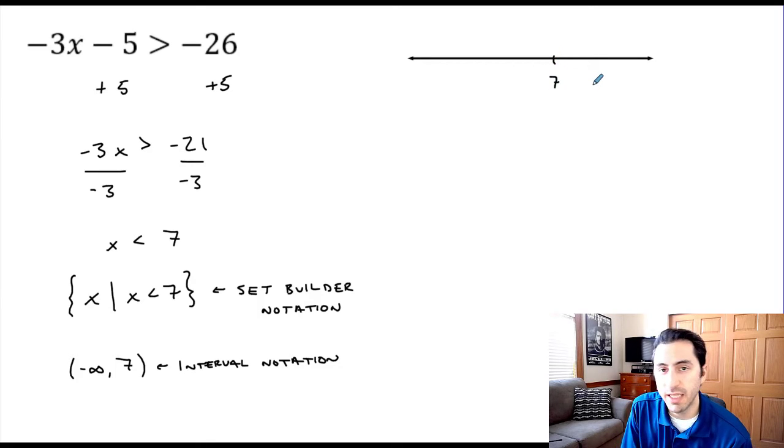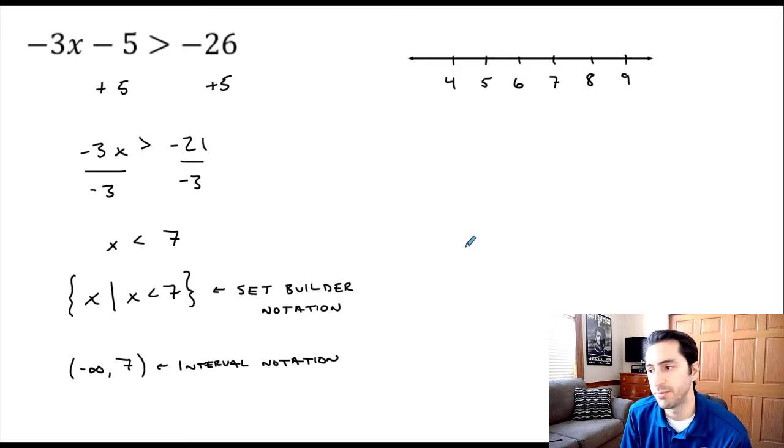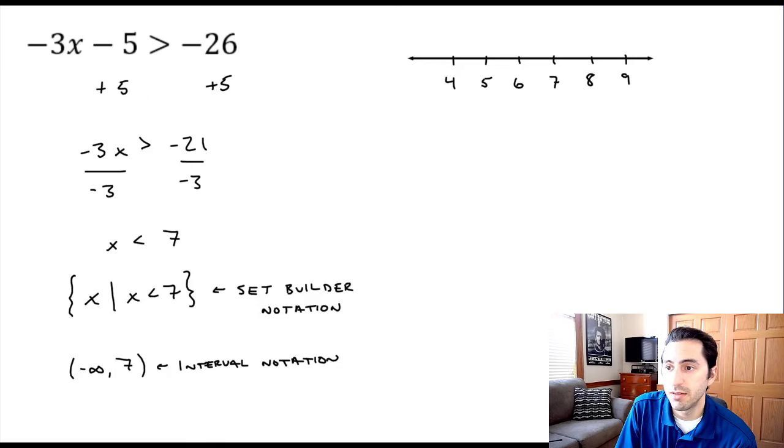And then to indicate the scale, so if someone else is going to look at my graph, they know exactly what they're looking at, I'm going to put a couple more numbers. So we'll do 1 or 2 on the right-hand side of 7, and then we'll put a couple more on the left-hand side, just to give everyone an idea of the location and the scale of this number line. All right, now we want x is less than 7.